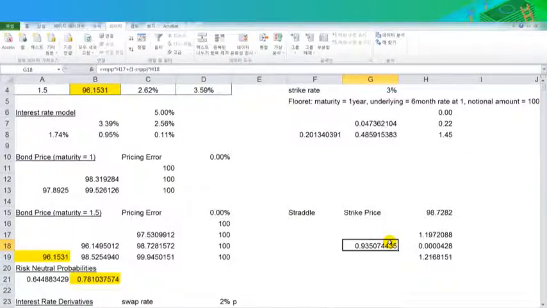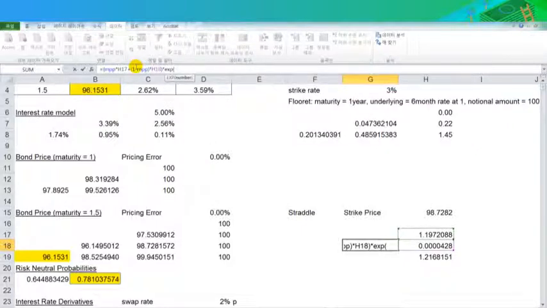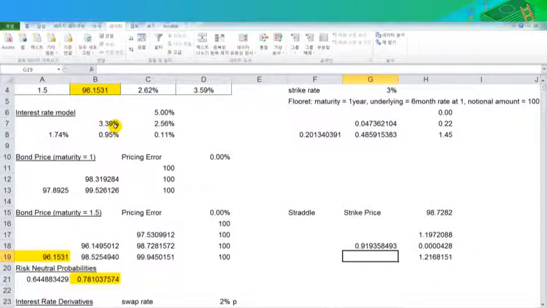We have to discount it with here 6 months later in this scenario interest rate is this one. So we have to discount with this rate. So parentheses and exponential of minus this one and then 0.5 year. So it is the price of straddle in 6 months when interest rate is up.